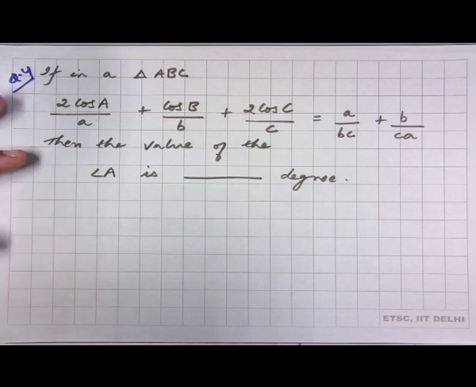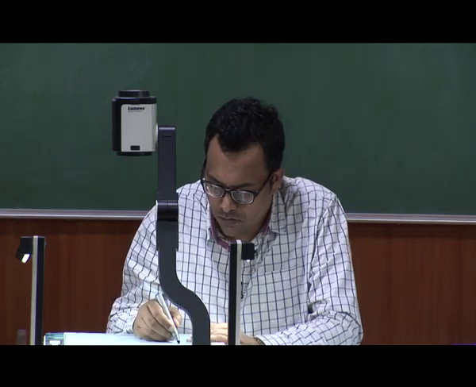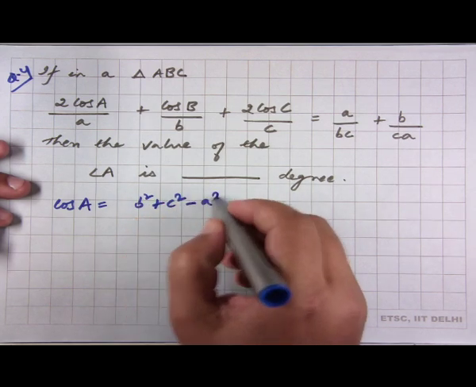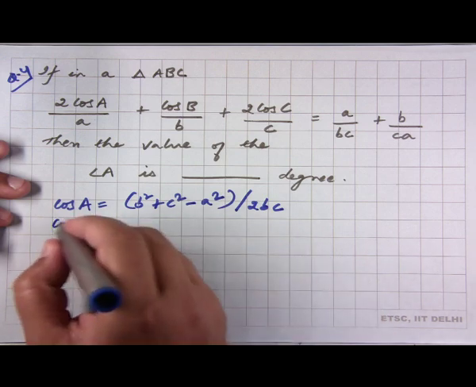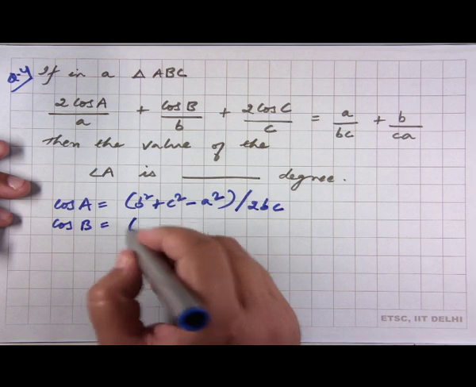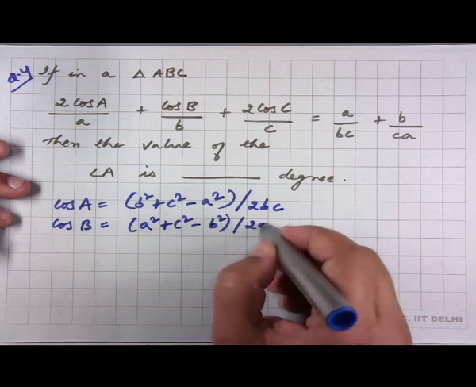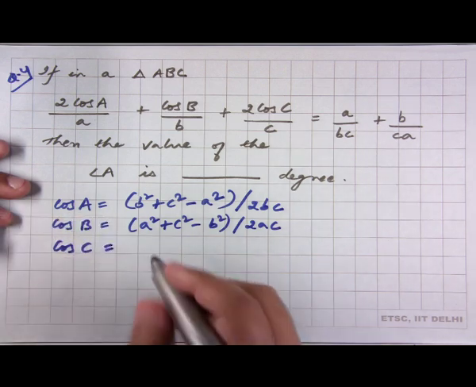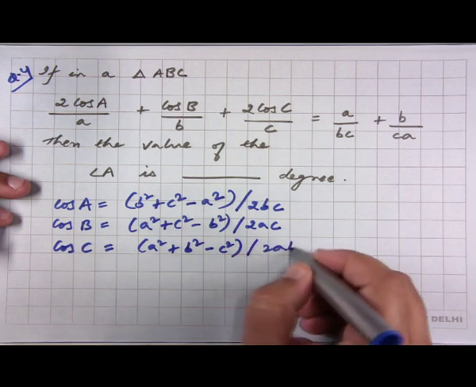in terms of the lengths of the sides of the triangle, then the entire equality is in terms of the lengths of the triangle. We know that cosine of A is B square plus C square minus A square over 2BC, and cosine of B is A square plus C square minus B square upon 2AC, and cosine of C is A square plus B square minus C square upon 2AB.